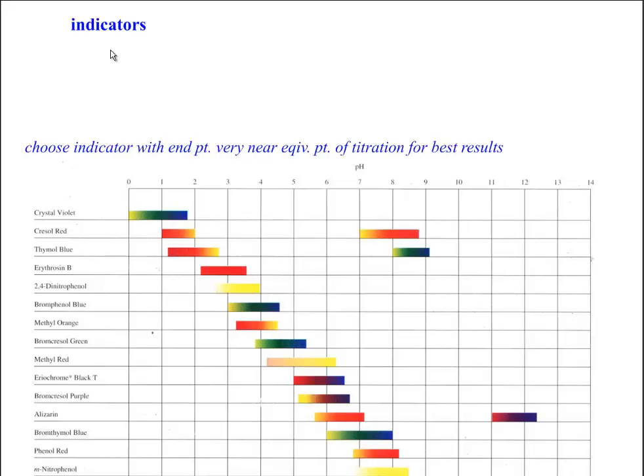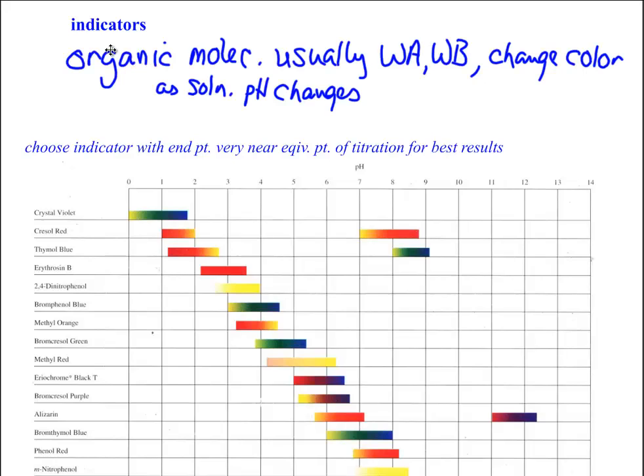Indicators are colorful organic molecules, usually weak acids or weak bases, that change color as the pH of a solution changes. The point at which the indicator changes color is called the endpoint of the indicator. When we're titrating an acid-base solution, we want to choose an indicator whose color change, or endpoint, brackets the equivalence point of the titration.